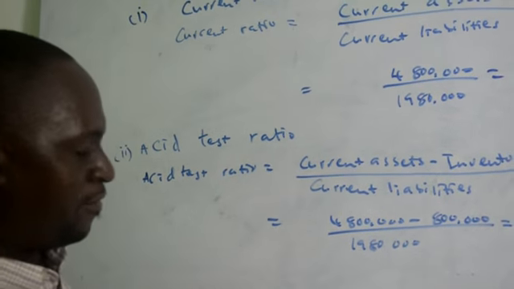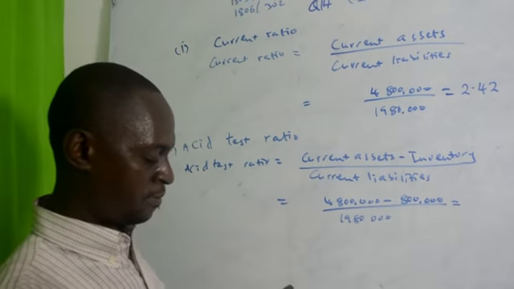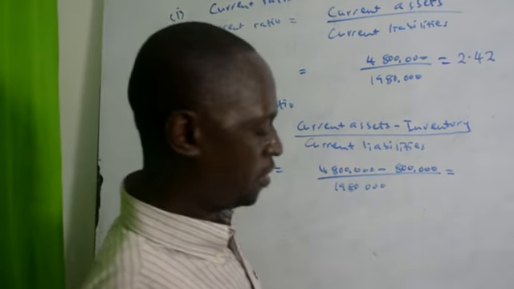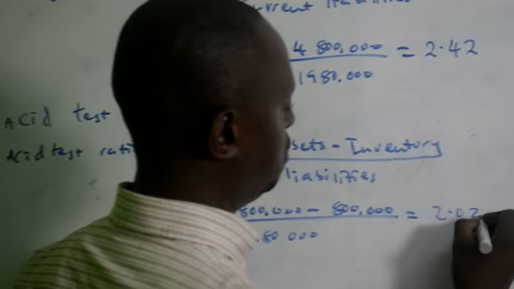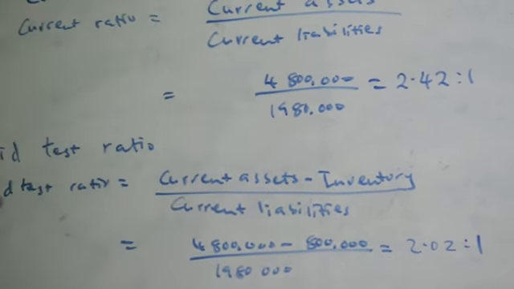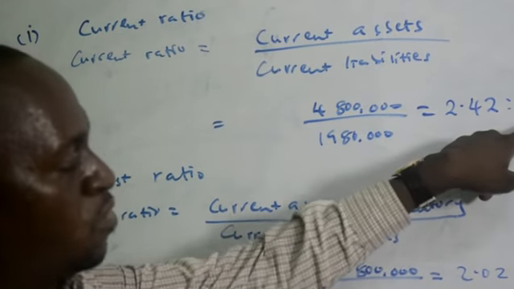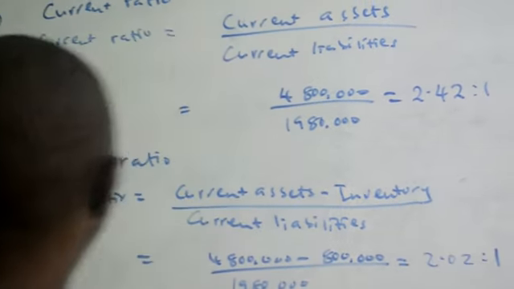That gives us 4 million. Then we divide by 1980. So this is 2.02 is to 1. Don't forget that this is a ratio. So we have 2.42 is to 1, then this is 2.02 is to 1.